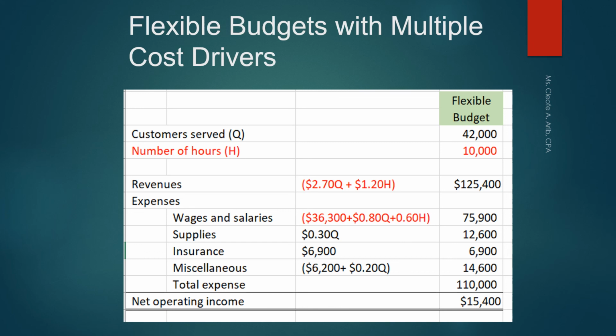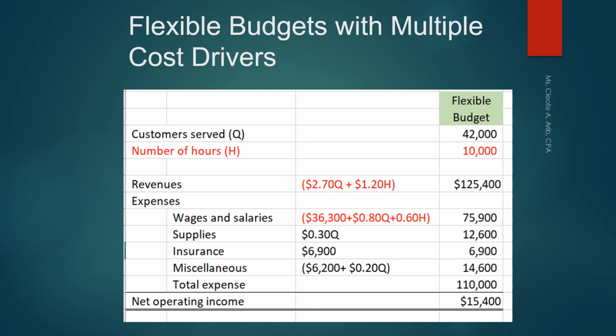So for your wages and salaries, your cost formula now will be 36,300. That's the fixed part, plus 0.80 multiplied by the actual quantity of customers served, plus this time an additional 60 cents per hour spent on edging and trimming.